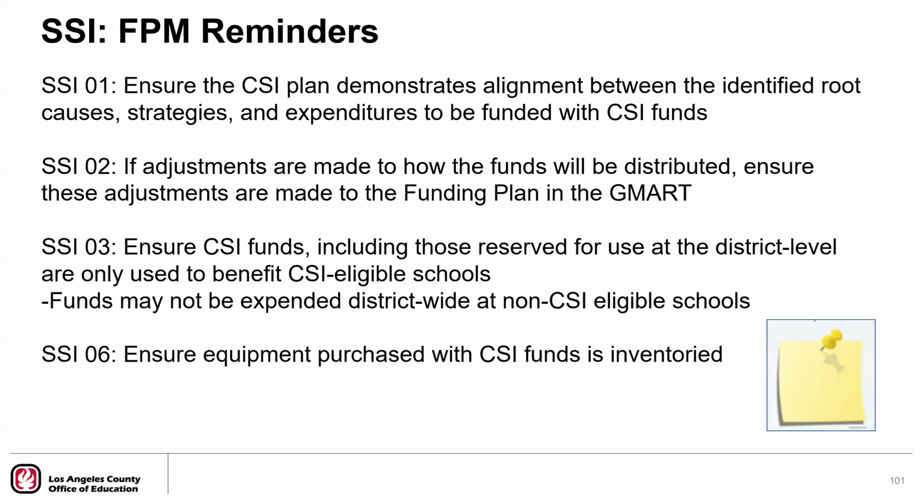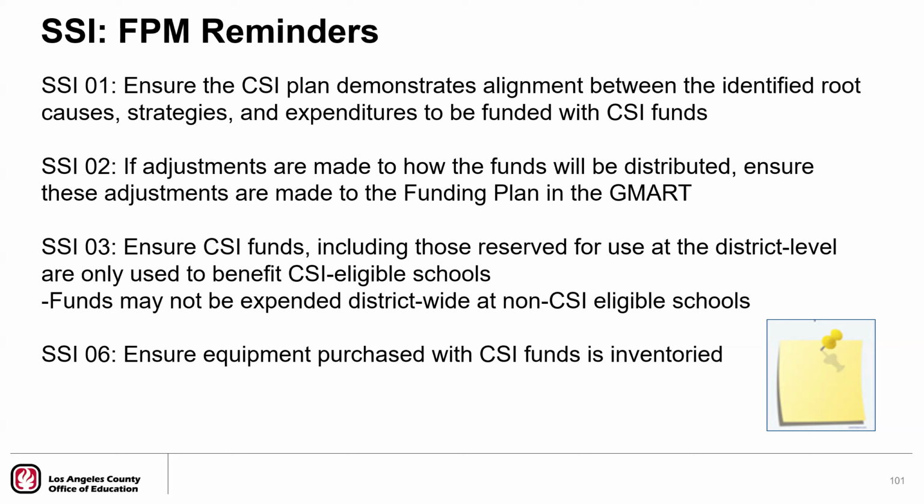And lastly, here are some reminders that we want to leave you with. For SSI 1, ensure that the CSI plan demonstrates the alignment between the identified root causes, the strategies, and the expenditures to be funded with CSI funds. For SSI 2, if adjustments are made to how the funds will be distributed, ensure that these adjustments are made to the funding plan in GMART.